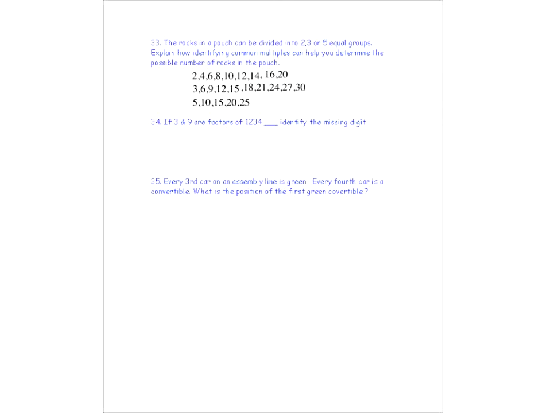So eventually we would get up to 30, and that would be the lowest common multiple for 2, 3, and 5. Okay? So can you see then how that helps you to figure out the possible number of rocks in a pouch?